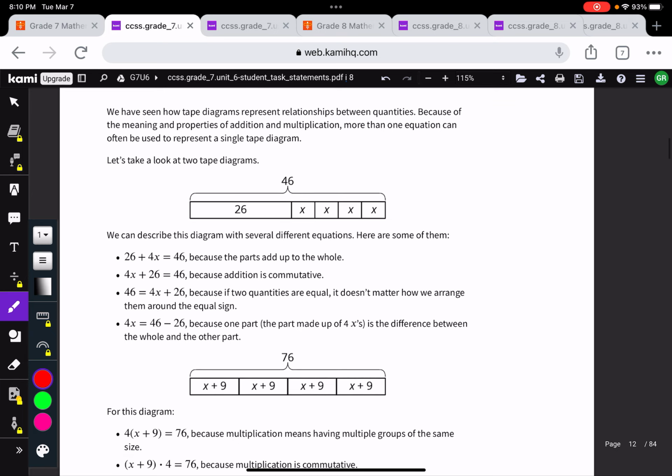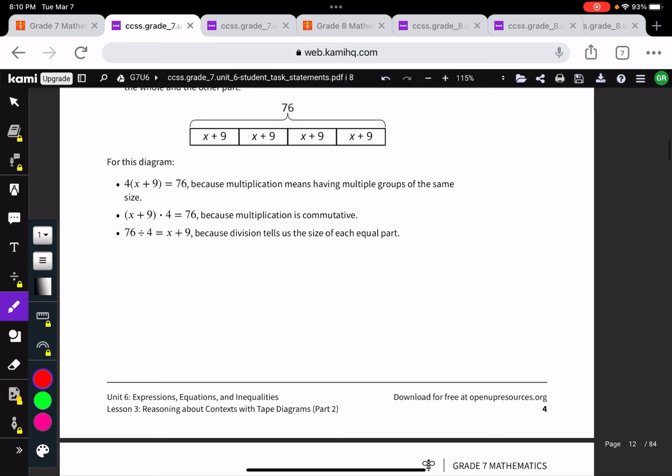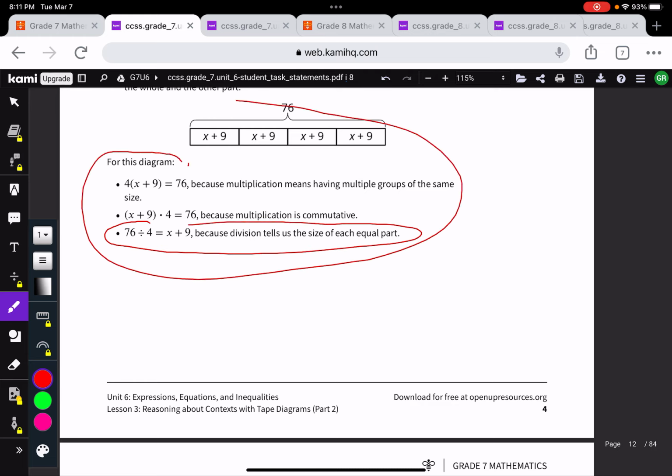So here's a summary. It's going to break it down a little bit for you if this is still a little confusing. Although there is a good step right here that explains everything that's going on. I have 4x plus 9s, or I have x plus 9 times 4 equal to 76.